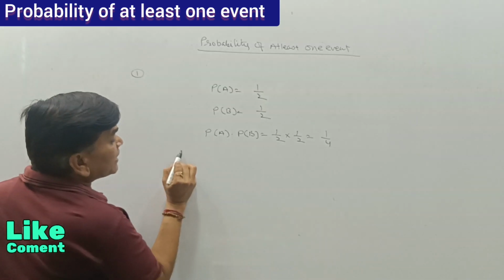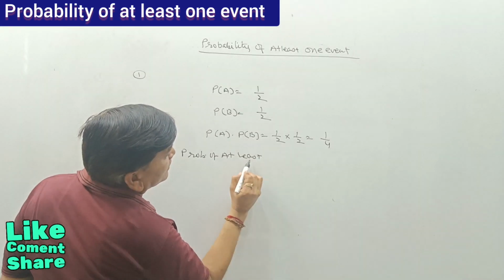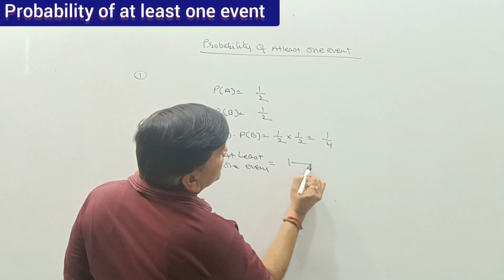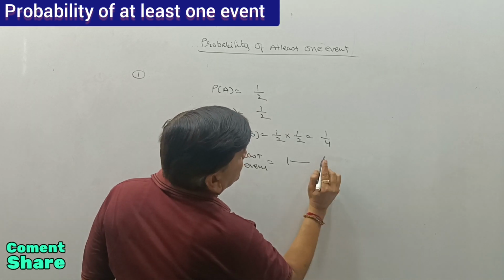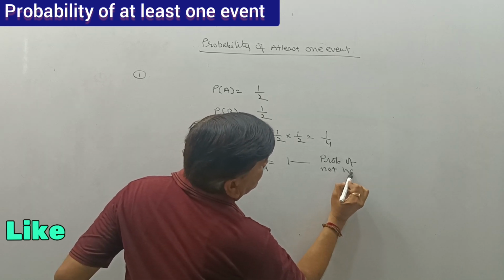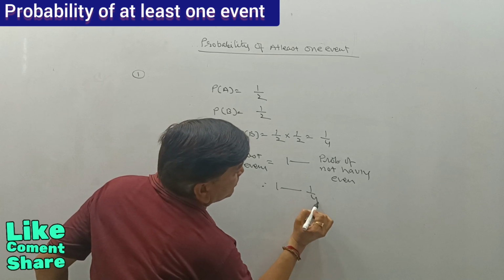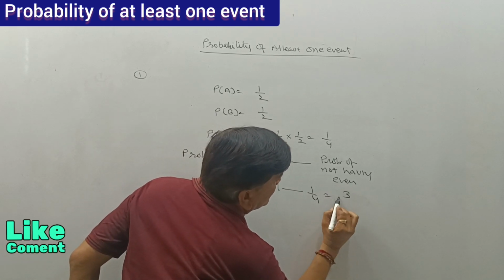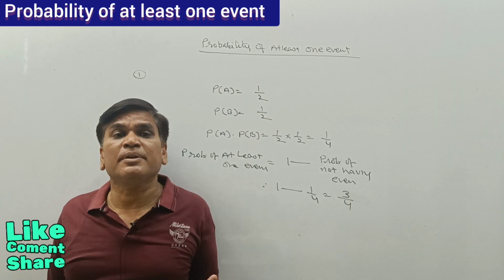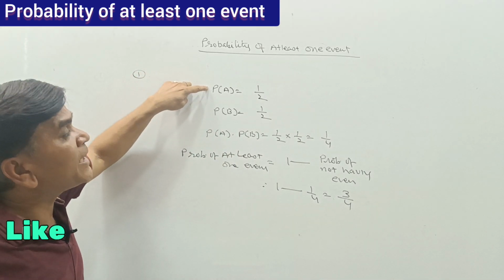So the probability of at least one event is 1 minus the probability of not having the event. That is 1 minus 1 by 4, that is 3 by 4. So it's very easy. When you have to calculate the probability of at least one event, firstly we calculate the probability of not having a head.